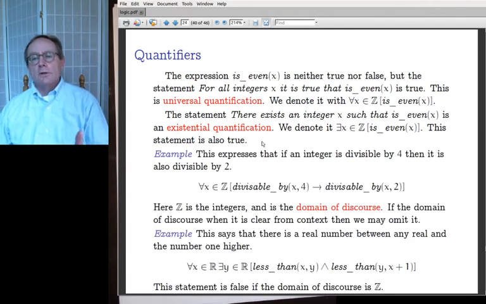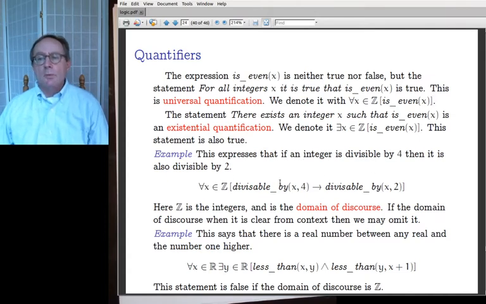All right, so let's go down to the statement here, a more sensible mathematical statement. For all x, this says if, see the if-then? If x is divisible by 4, then x is divisible by 2. So this particular statement, of course, is not especially interesting to us.